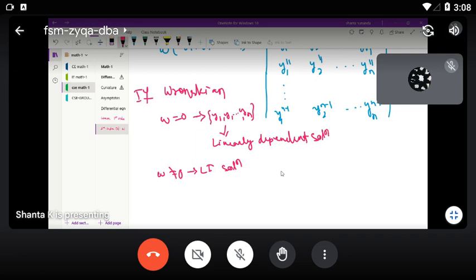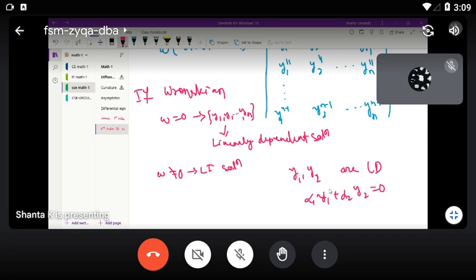So y1, y2 are linearly dependent if you are able to find some constants alpha 1, alpha 2, not both zero, for which alpha 1 y1 plus alpha 2 y2 is 0. That means you can express y1 in terms of y2, so y1 becomes the dependent variable and y2 the independent variable.